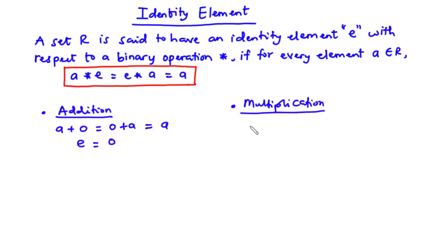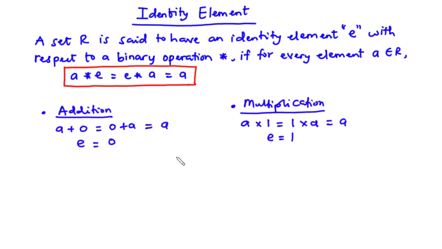So the identity element under multiplication is 1, because when A is multiplied by 1, this is equal to 1 times A, and it is still A. So when A is combined with 1 under the multiplication operation, the result does not change. The result is still A. So it follows that under multiplication, the identity element is 1.